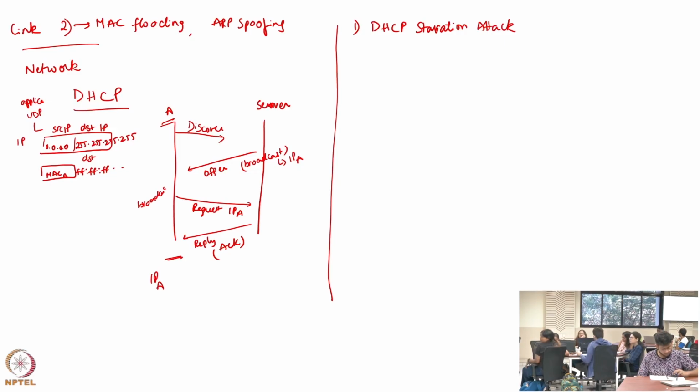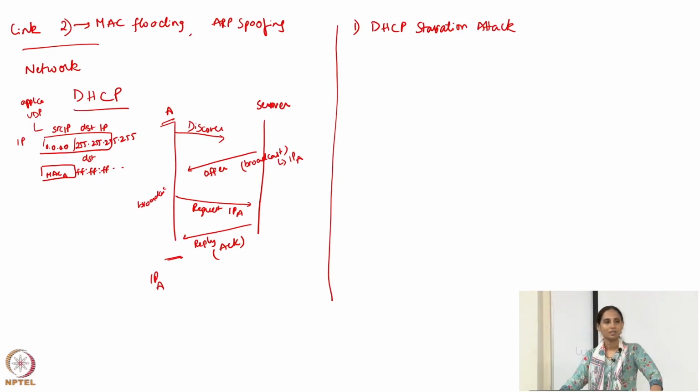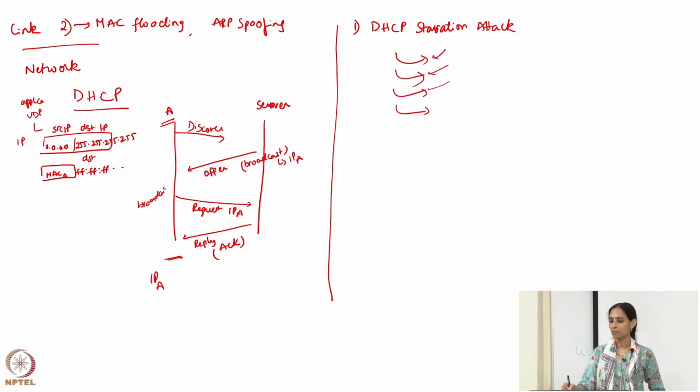The DHCP starvation attack is where you are starving the server. Remember, the DHCP server has a pool of IP addresses that it hands out, and what you are doing in the DHCP starvation attack is exhausting that pool. So much like before, Mallory will keep asking, give me an IP address, give me an IP address, give me an IP address. And that guy will keep giving out all the IP addresses, and then he'll have no more IP addresses to give to the right person.